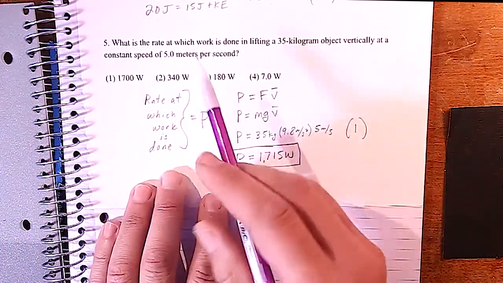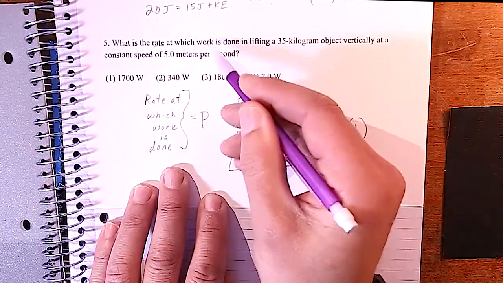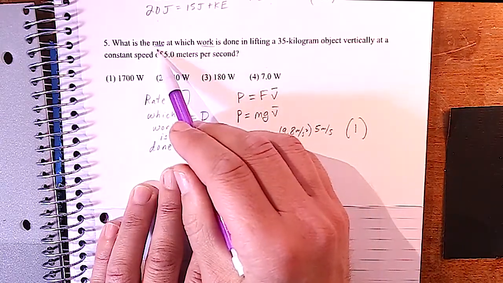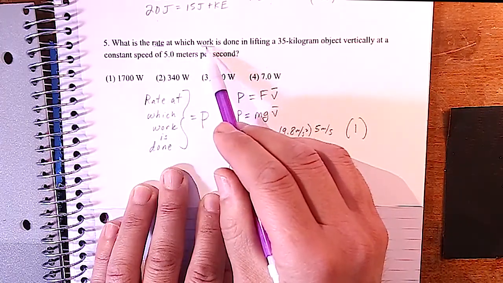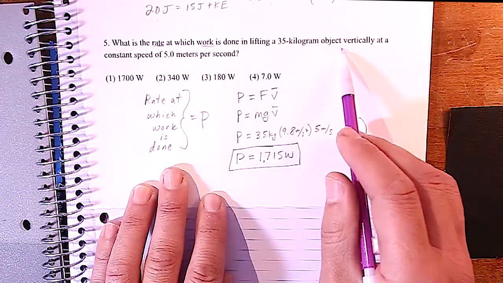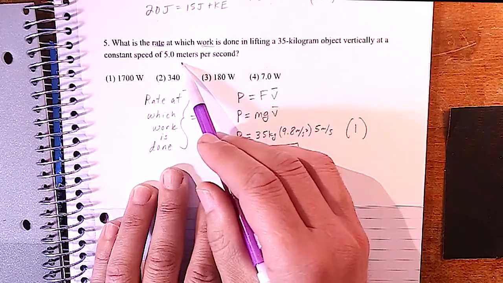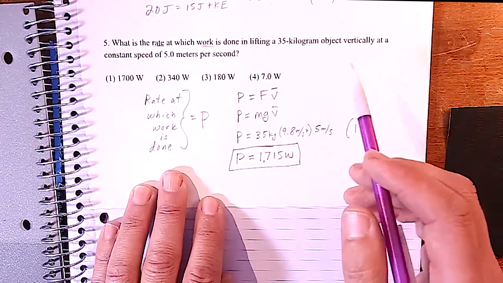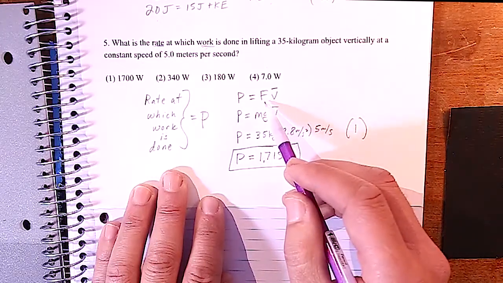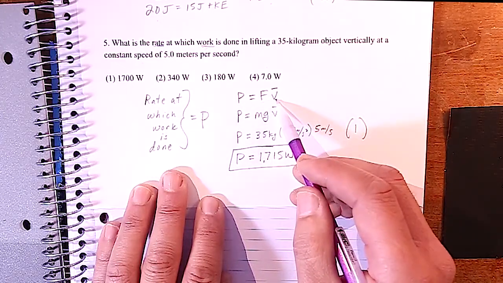Number 5 says, what is the rate at which work is done? Well, we know rate is with time, so that's the rate at which work is done, that's power, to lift a 35 kilogram object vertically at a constant speed of 5 meters per second. Well, we know that power is work over time, but that it's also force times average velocity.